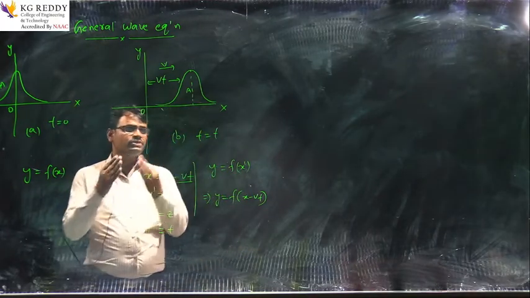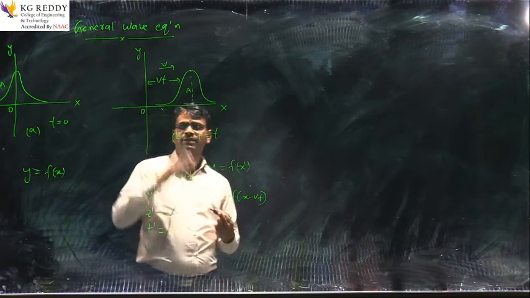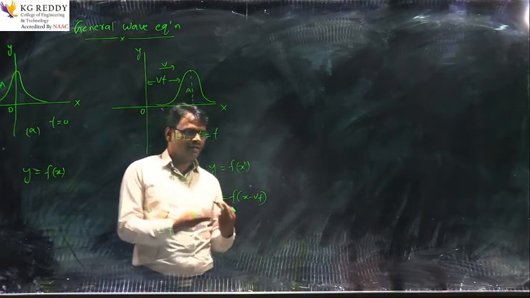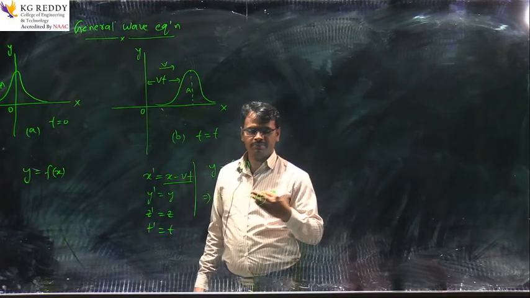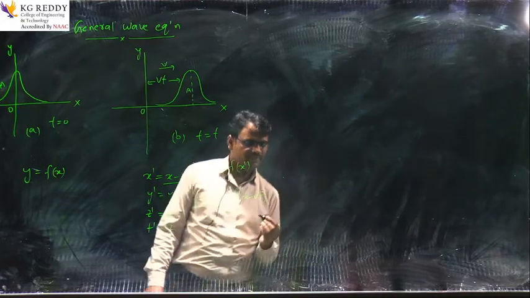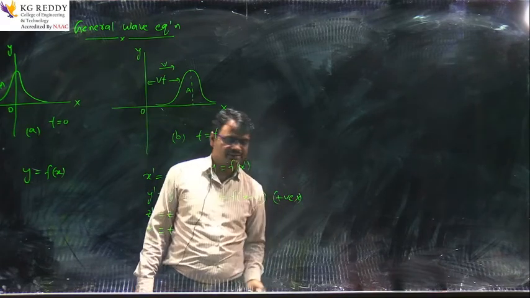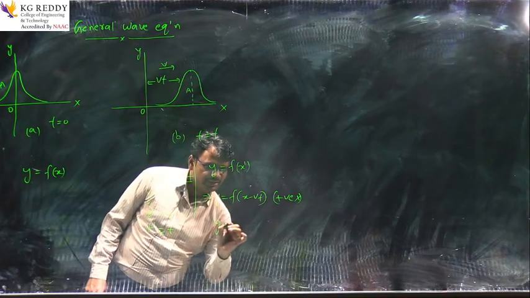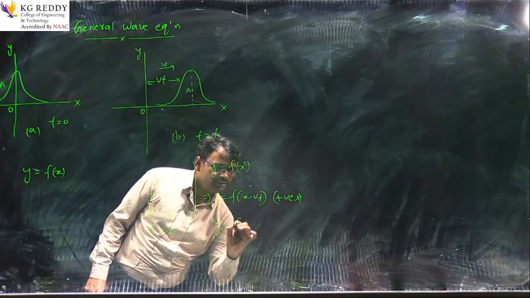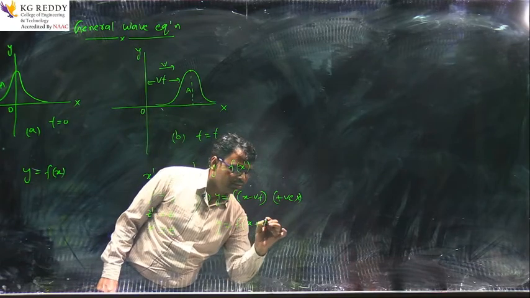Whenever the wave moves along the positive x direction, y can be written as y equal to f of x minus vt. This is the positive x direction. Similarly, in case of the negative x direction, we can write y equal to f of x plus vt.